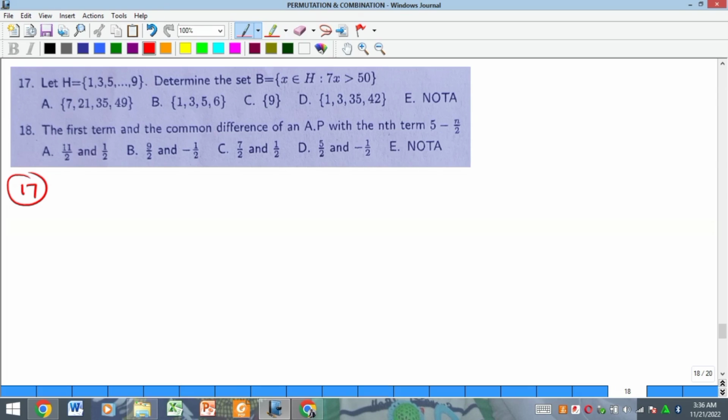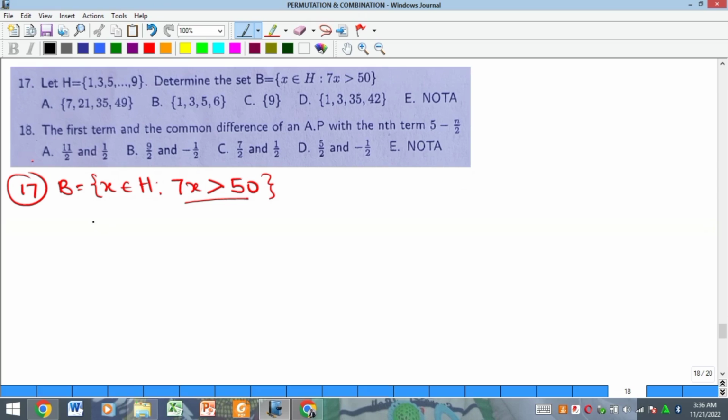Meanwhile, what is our set H? This is our set H. So B is such that x is in H. So all of this H, such that any x you pick, when you multiply by 7, must be greater than 50. So all we need to do is to solve this inequality.